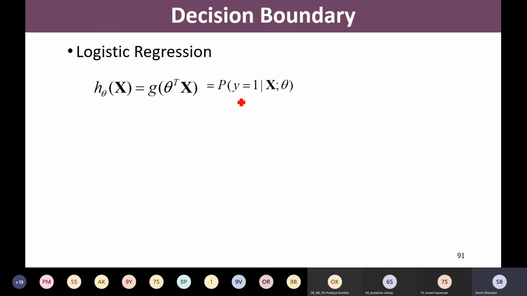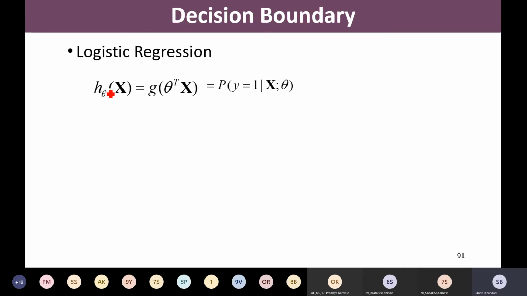And we had an interpretation of our logistic regression hypothesis: this hypothesis is giving us the probability that y is equal to 1 given x, parameterized by theta.